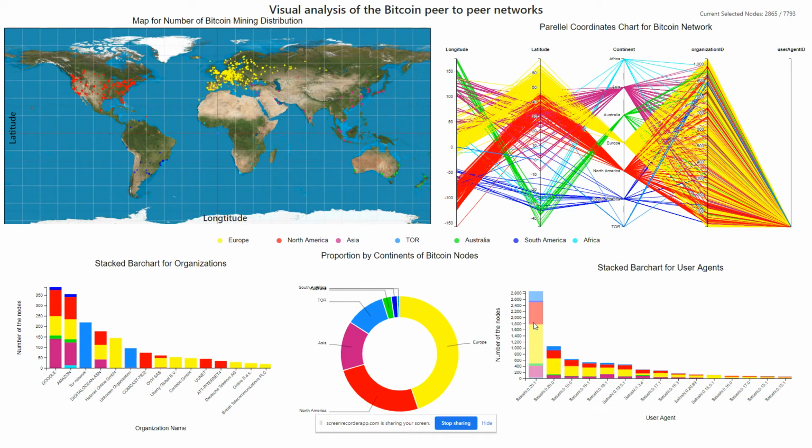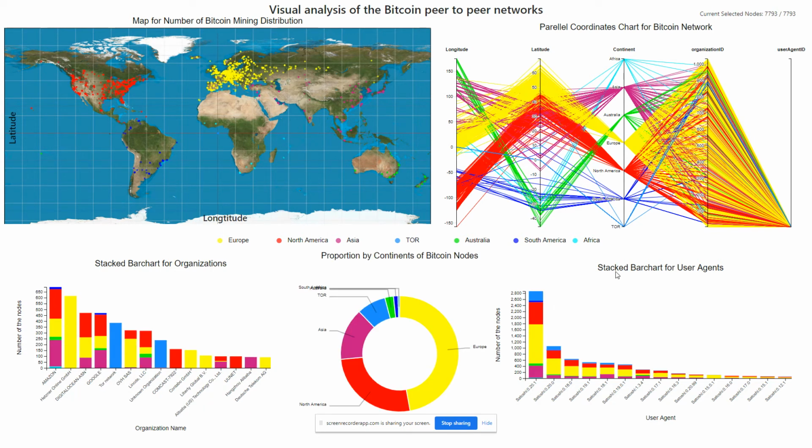They all move to the latest user agent for a good number of reasons, and the nodes running on the latest version of the Satoshi user agent account for almost a third of all the nodes on the map, which is quite interesting.